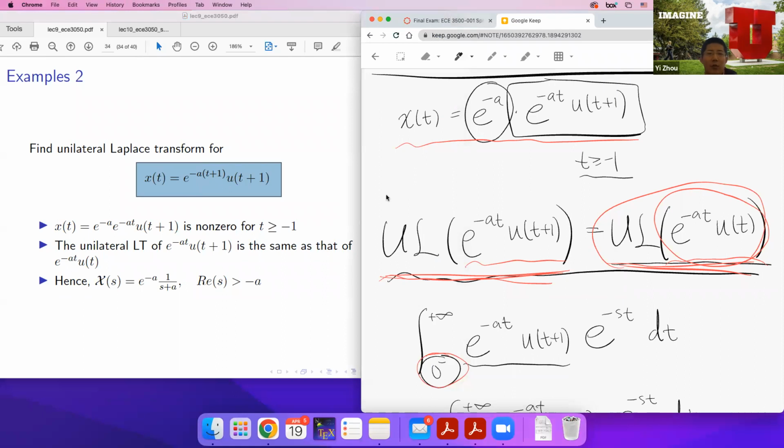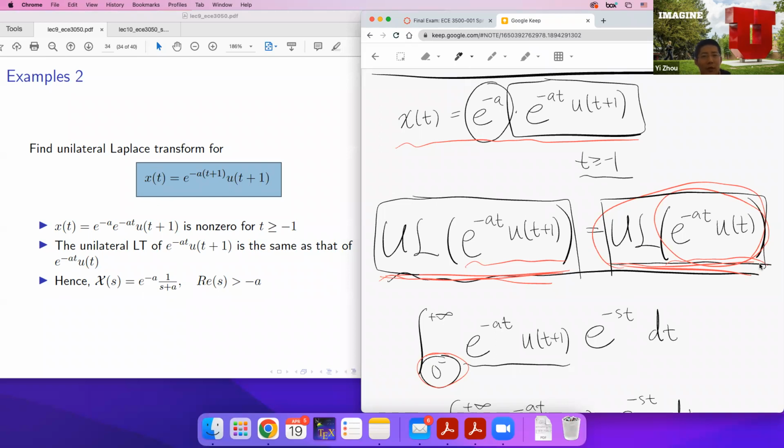So the key step here is to observe that the unilateral transform of such a non-causal signal can be connected to the unilateral transform of a causal signal. So causality is the key to the unilateral transform.